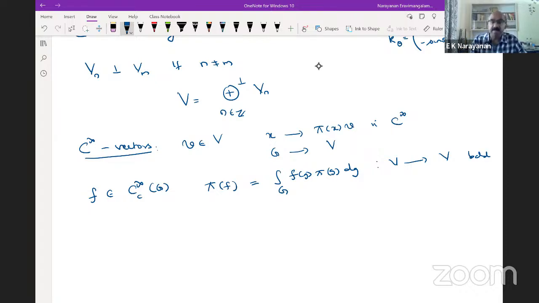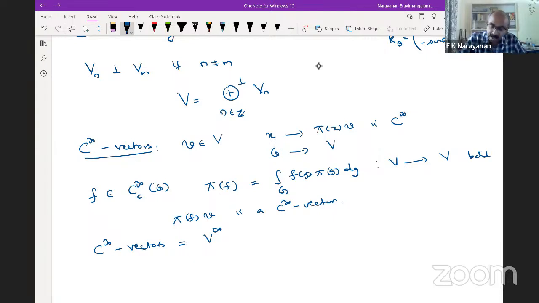If f is C infinity, then pi(f)v is a C infinity vector. C infinity vectors are denoted by V superscript infinity.